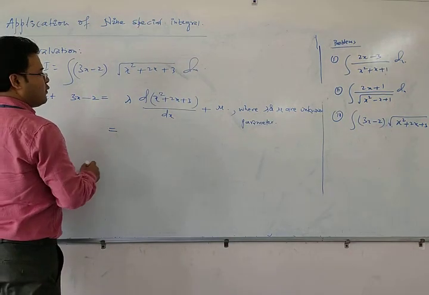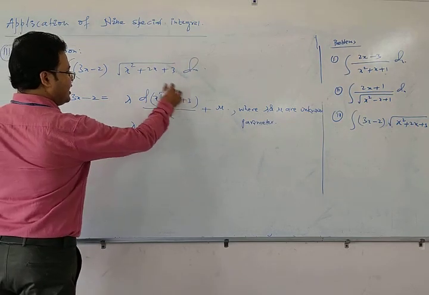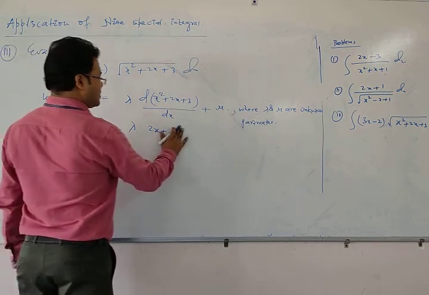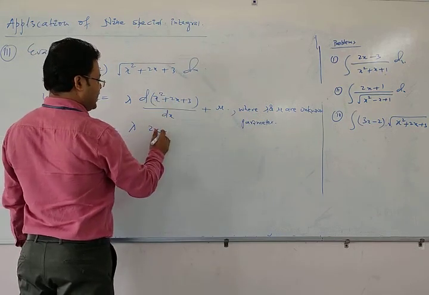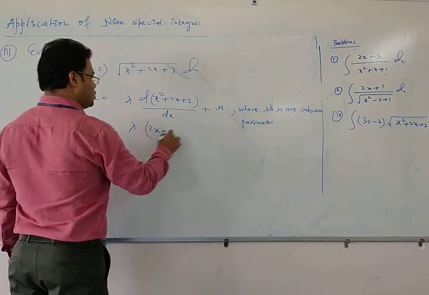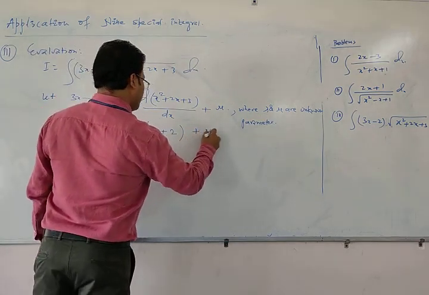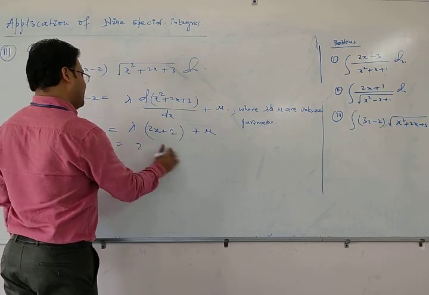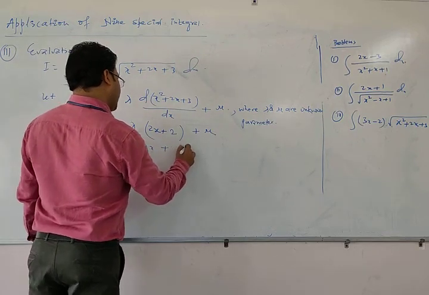So on simplifying we will get lambda times the derivative, that is, the derivative of x square is 2x, so 2x plus 2, and plus mu, which gives 2 lambda x plus 2 lambda plus mu.